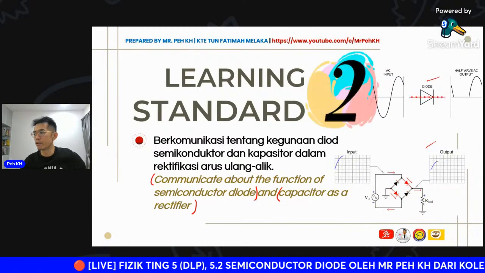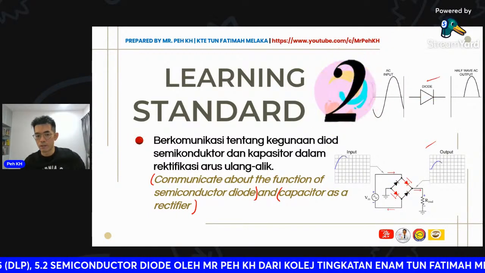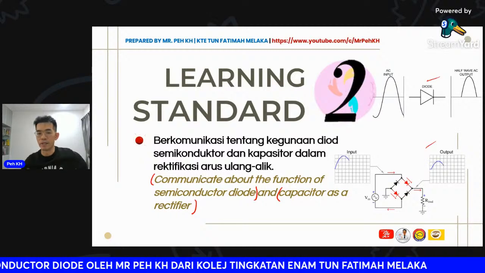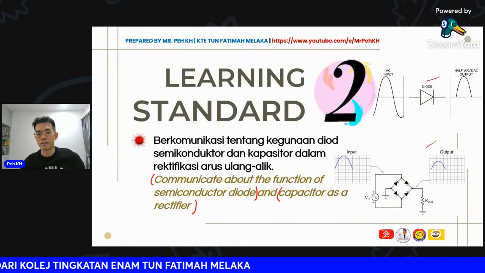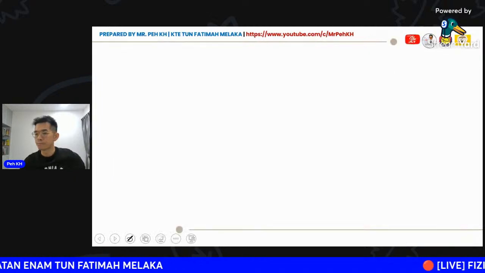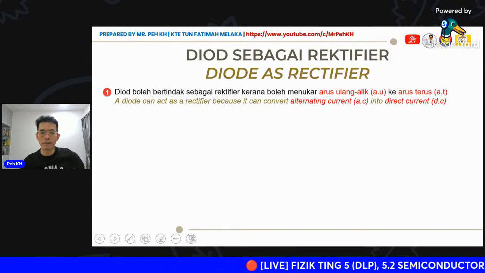Okay, just now the first function of the diode was to allow the current to flow in one direction. That is related here, and we call this function of the diode a rectifier. Okay, so diode as rectifier. What is meant by rectifier?